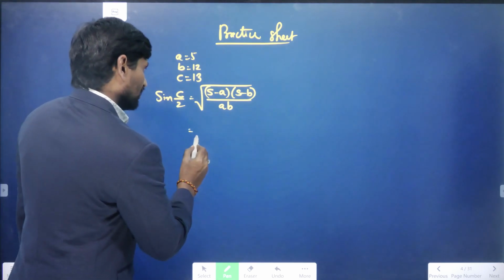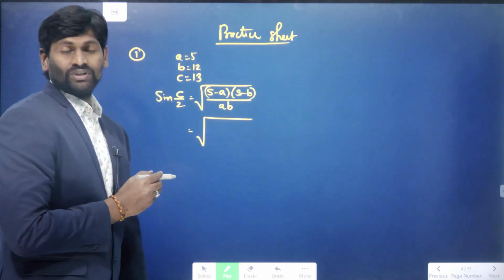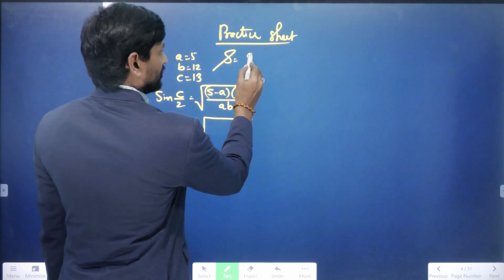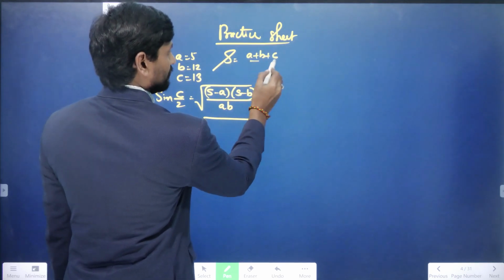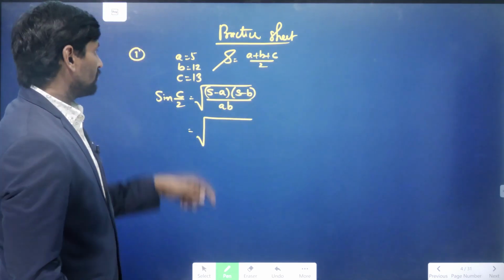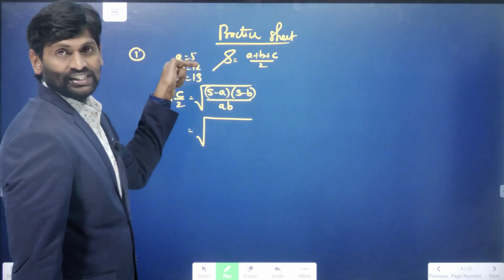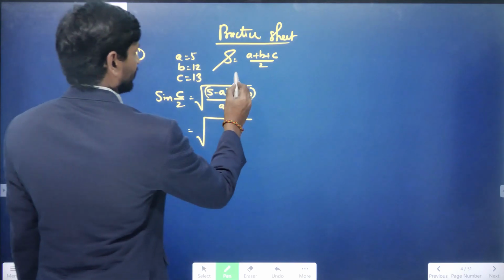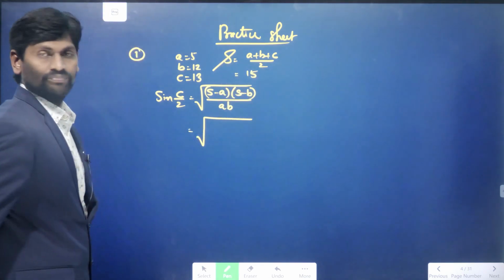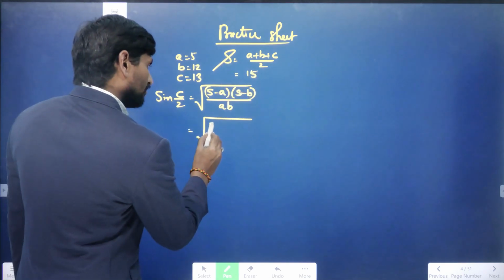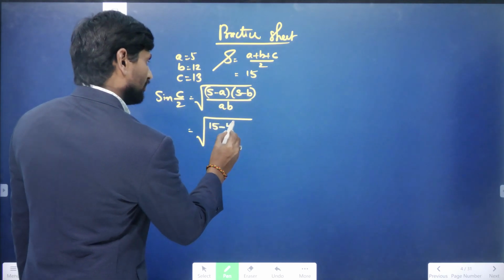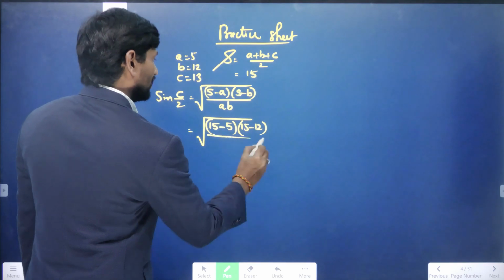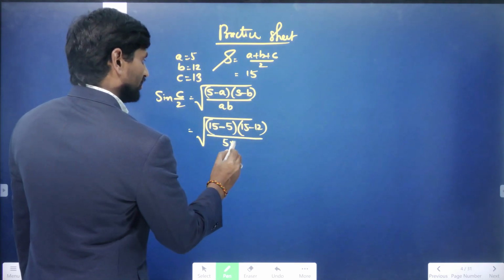That is equal to root over, where s is the semi perimeter, a plus b plus c by 2. Just add all of them. So 5 plus 12 is 17, 17 plus 13 is 30, 30 by 2 is 15. So s value is 15. So I am writing here 15 minus a value 5 into 15 minus b value 12 by a into b, that means 5 into 12.